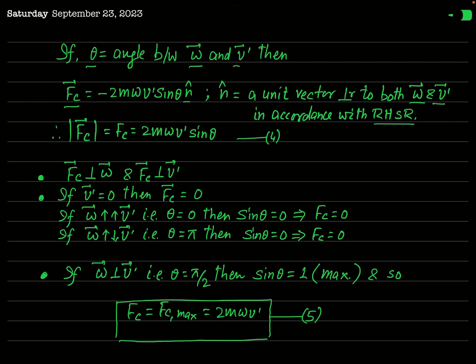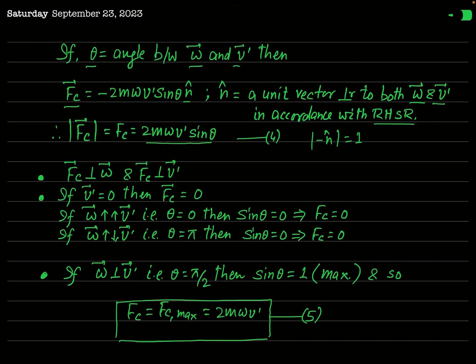RHSR here stands for right hand screw rule. And if we take the modulus of this pseudo force Fc, that will be 2m omega v prime sine theta, because the mod of minus n hat is equal to 1, this being a unit vector. So this is the magnitude of the Coriolis force.